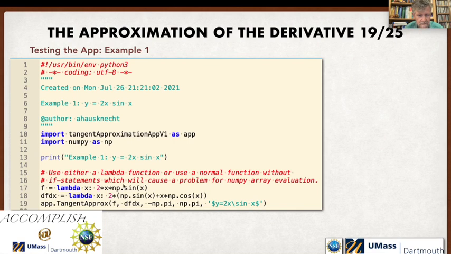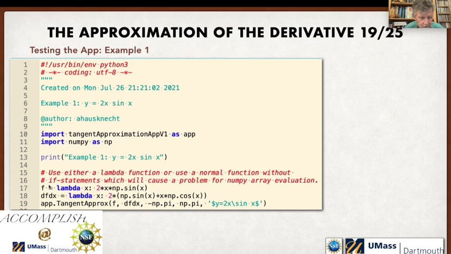I want to use 2x sine x as my test function, and so now I have to import the application, tangent approximation app version 1 as app, and I also have to import numpy. Now here I'm just using a print statement, so I know that this piece of code is actually running correctly in case for some reason the app itself doesn't launch.